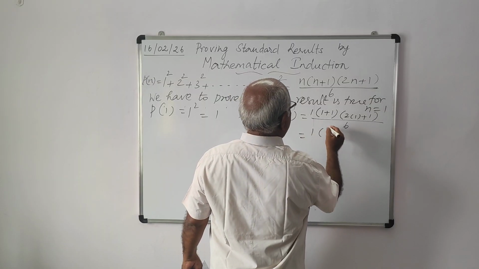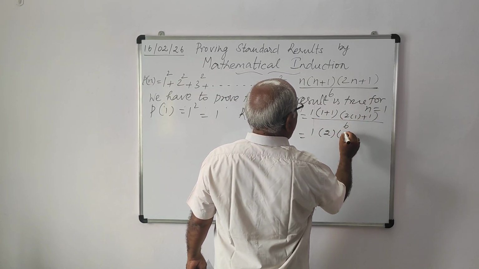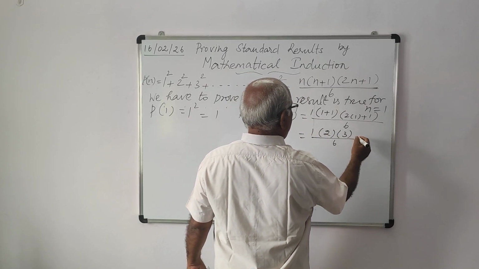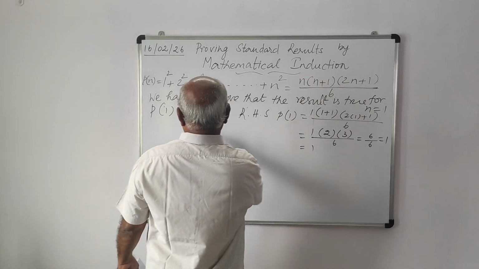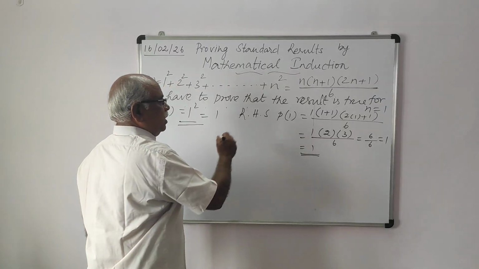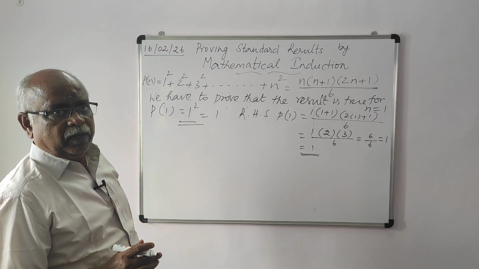That is equal to 1 into 2 into 3 by 6, that is 6 by 6, which is equal to 1. So left hand side is 1 and right hand side is also 1. Therefore, LHS is equal to RHS. Therefore, the result is true for n equal to 1.